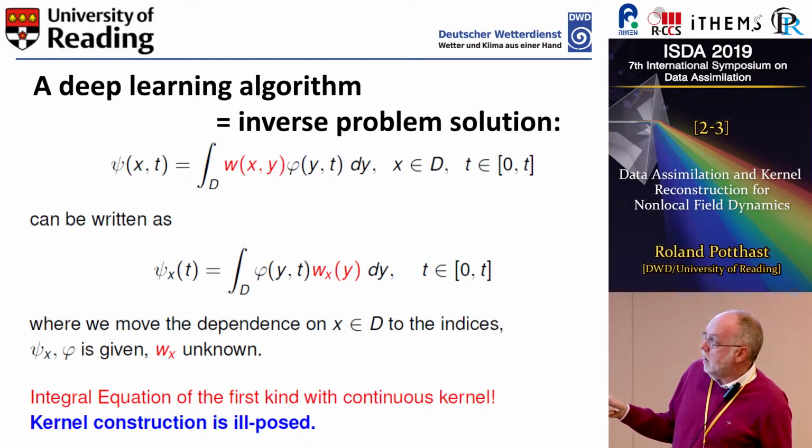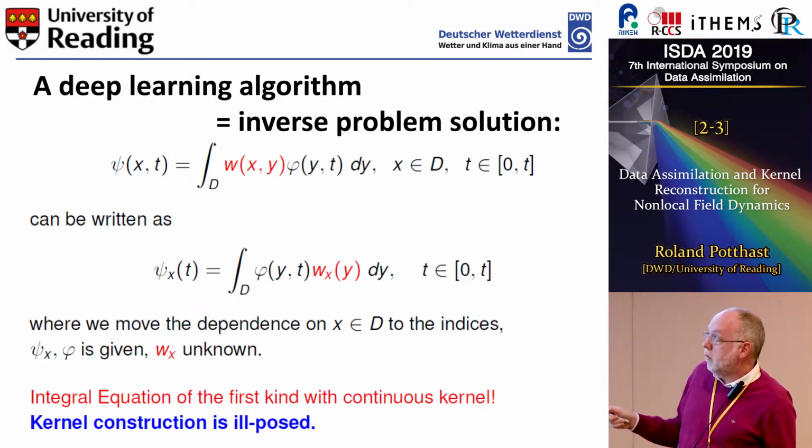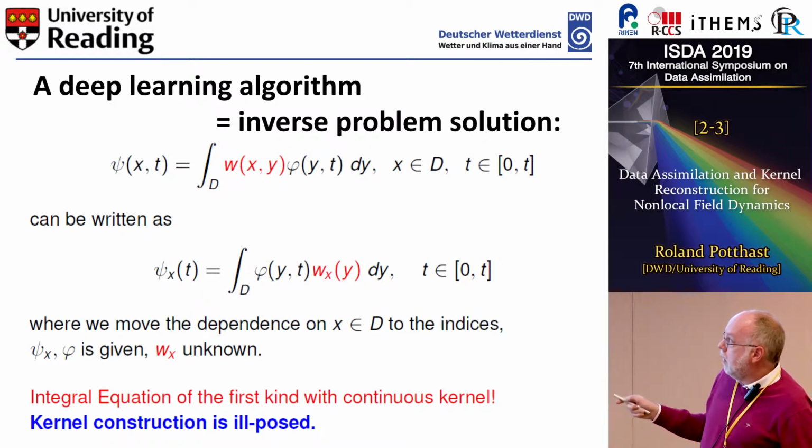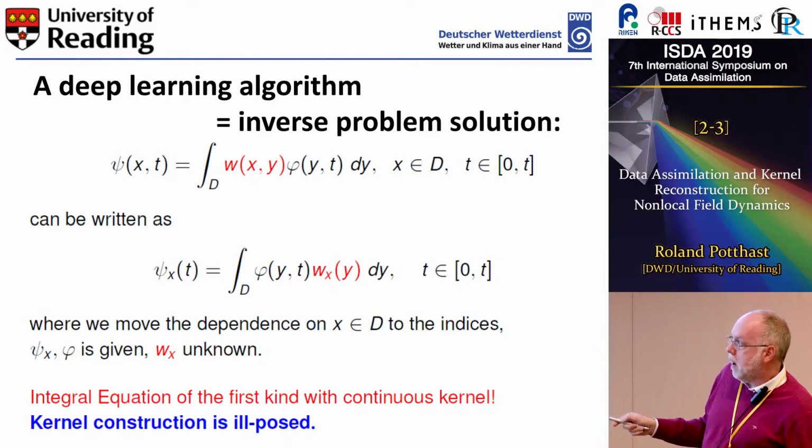So the psi and the phi would be known, the W is unknown, or it can be written, if you look at this equation, it's for all x and all t, this integral. If you keep x fixed and just let t run, then it boils down to this integral equation of the first kind. So this is your kernel now.